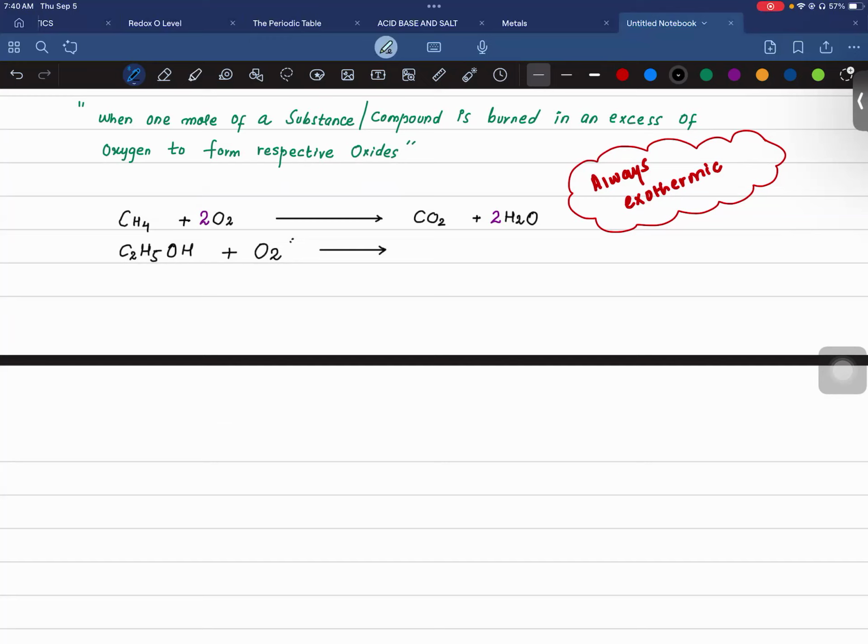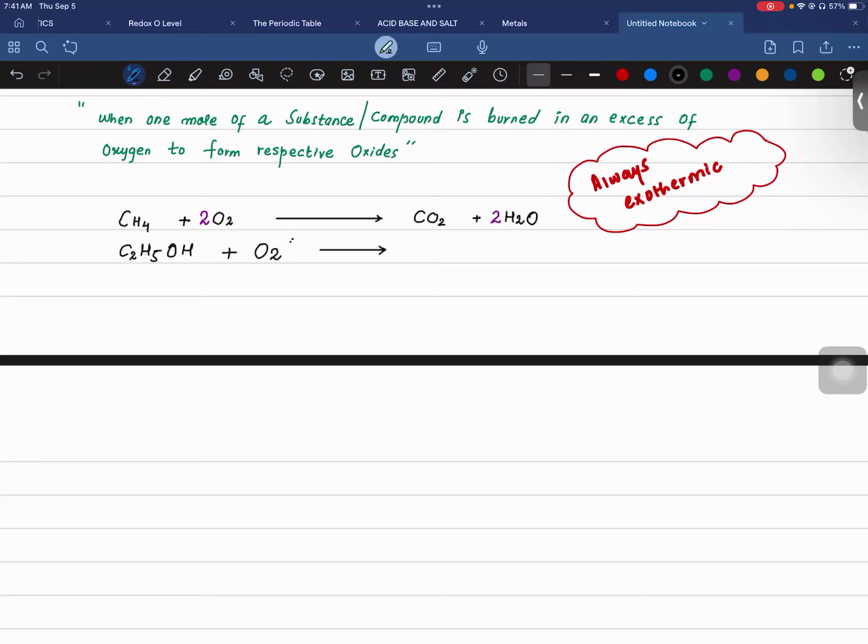Shamir, what's the product? Nadia Muzaffar, can you tell me? Irtaza, can you tell me what's the product? And you are supposed to tell me the balanced chemical equation.